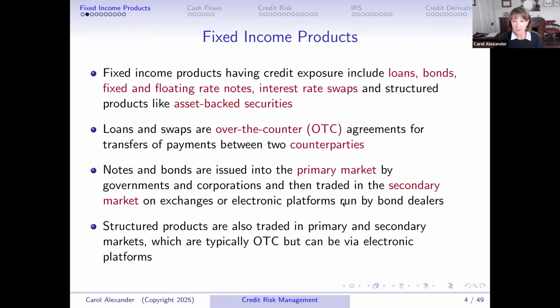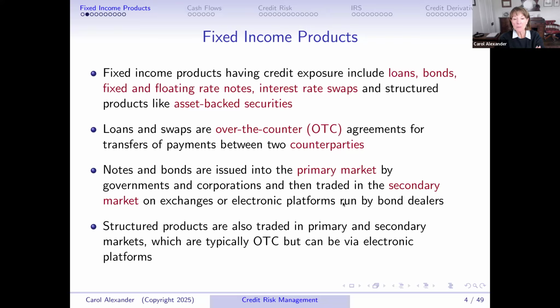But in this topic, we're just focusing on loans, bonds, fixed and floating interest rates, floating rate notes, forward rate agreements, interest rate swaps, and also later on, when we look at credit derivatives, we'll have a look at structured products like mortgage-backed securities, or more generally, asset-backed securities.